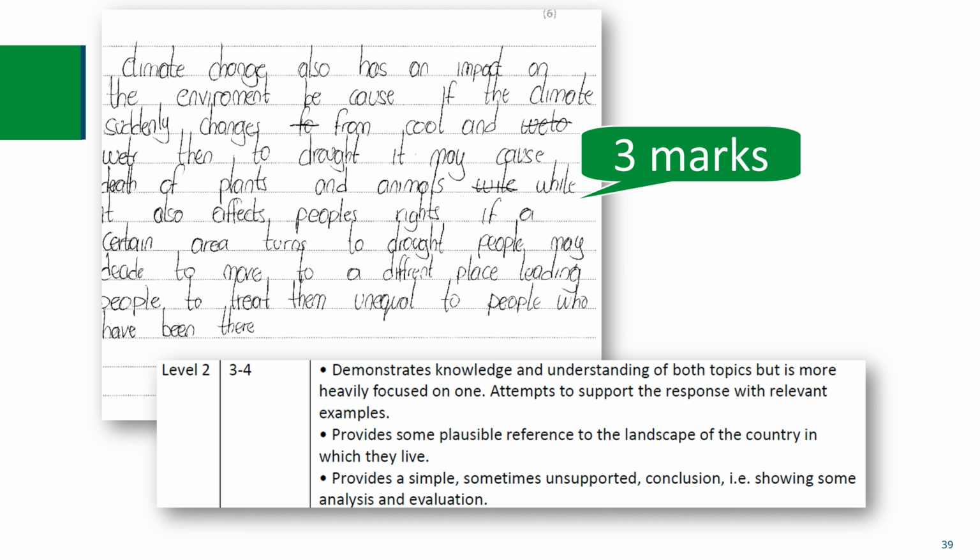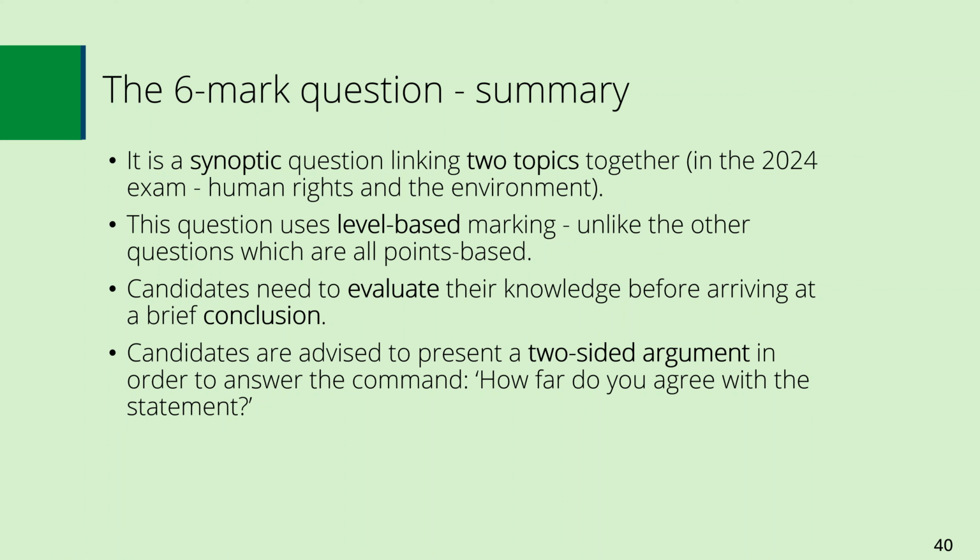A summary for students of key things to remember when engaging with the 6-mark questions. Fundamentally, this is a synoptic question that will link together 2 topics, and we want them to tell us about both of those topics. In this example, it was human rights and the environment. It will be level-based and not point-based, which means that students need to be providing a balance of knowledge and also argument.